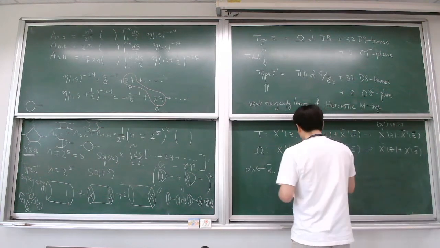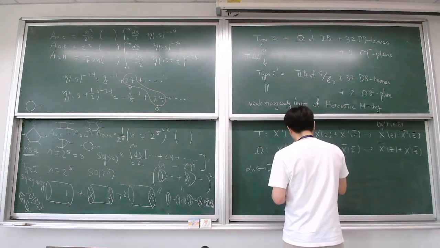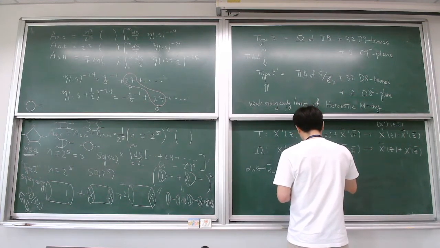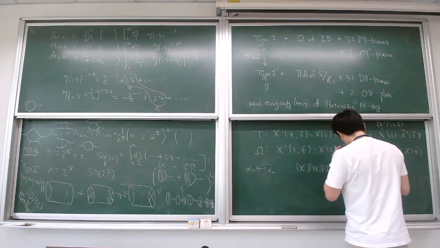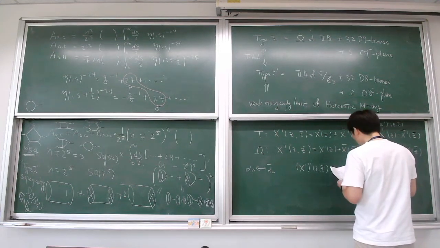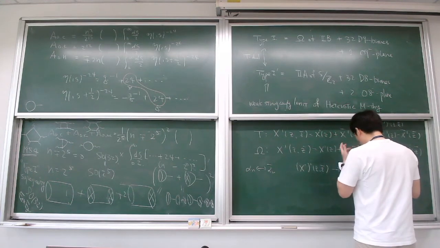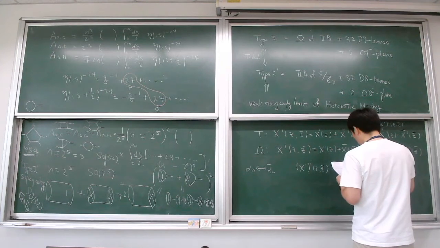So this X prime(z, z bar) is mapped to minus X prime(z bar, z).